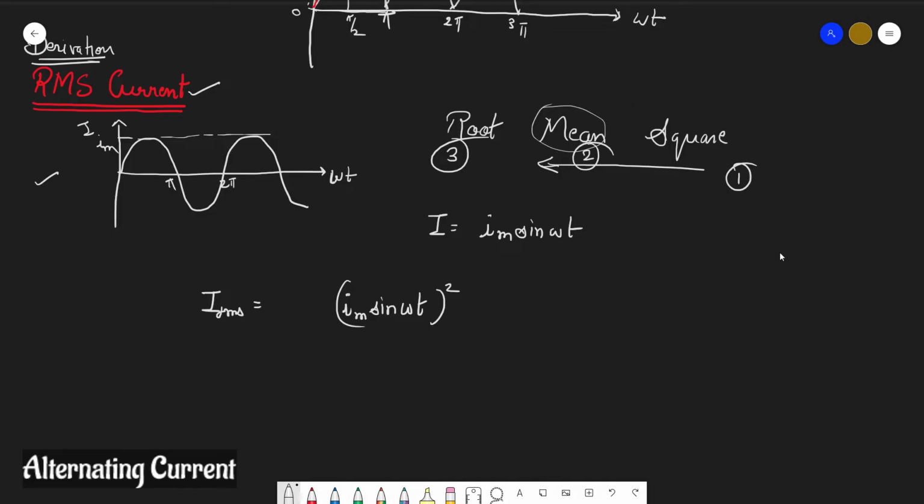Mean, in statistics, you might have seen the arithmetic mean. That was discrete data, not continuous time domain data. There you explained it as the summation of all observations divided by the number of observations.